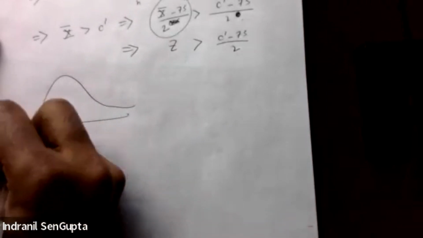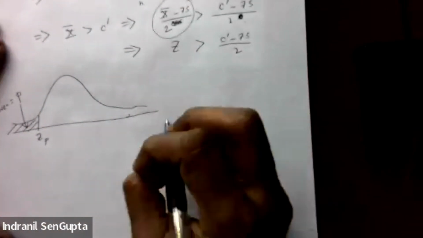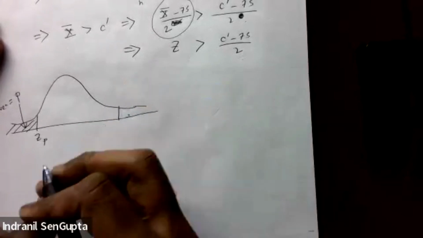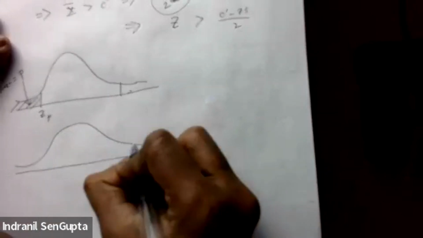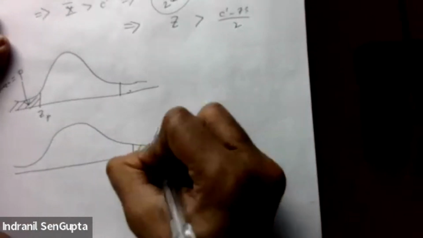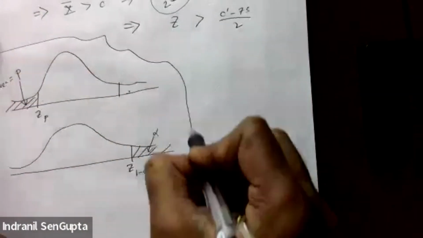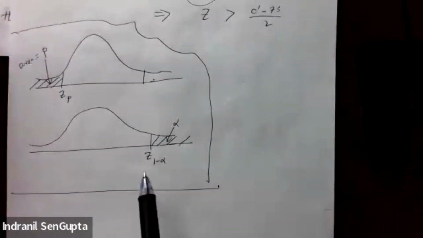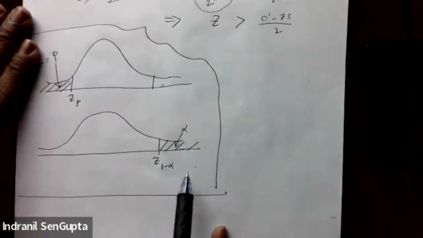If I write z_p, I really mean this area is p. For example, if I want to compute something to the right, suppose I'm having this region and this is alpha. That means the region to the left is 1 minus alpha. So this one is z of 1 minus alpha. If you specify the right one, then the left one will be z of 1 minus alpha, right?